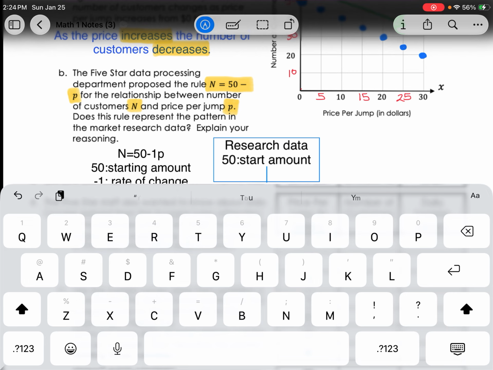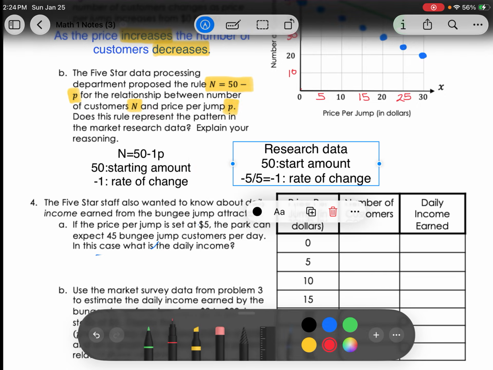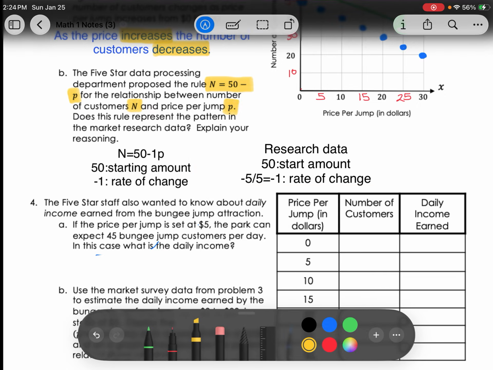So that means that it would be negative 5 divided by 5, which equals our negative 1, which again is related to our rate of change. Okay, I'm just going to highlight my key information.